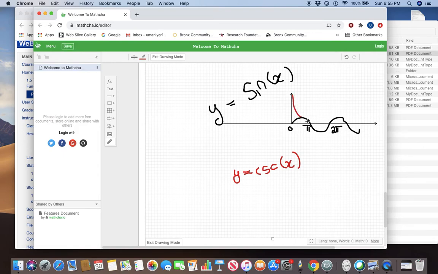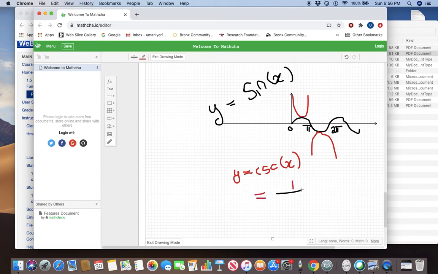Here, because sine is positive, cosecant goes to positive infinity there. Whereas here, because sine is negative, cosecant goes to negative infinity. Yes, because cosecant is 1 over sine.